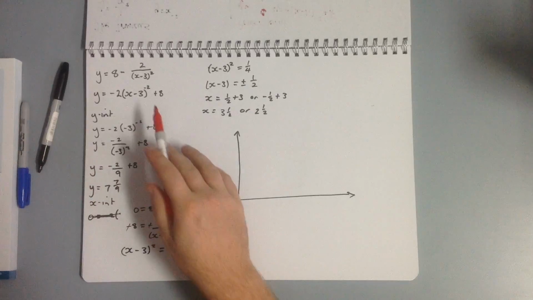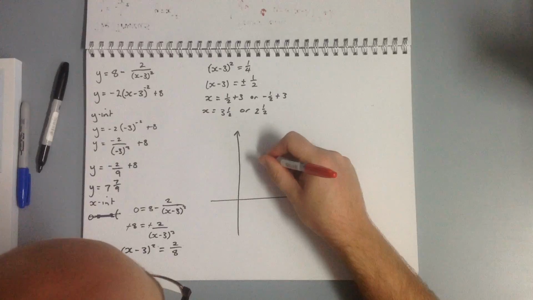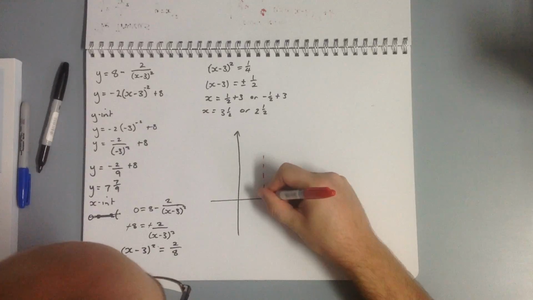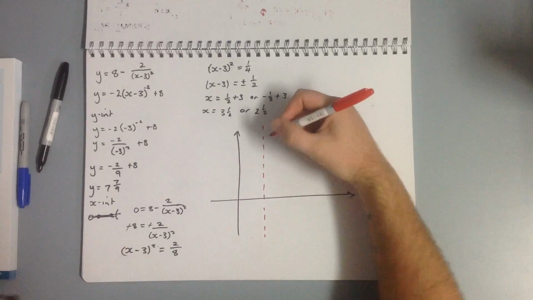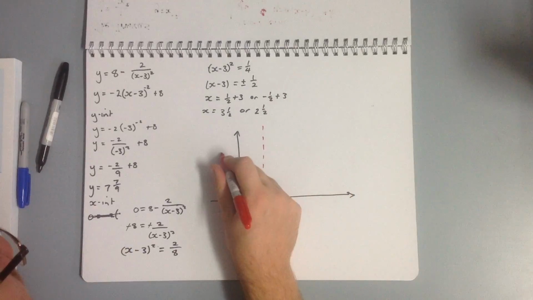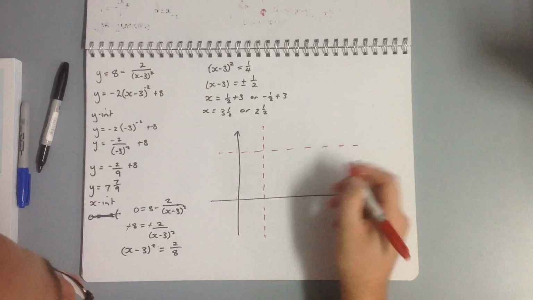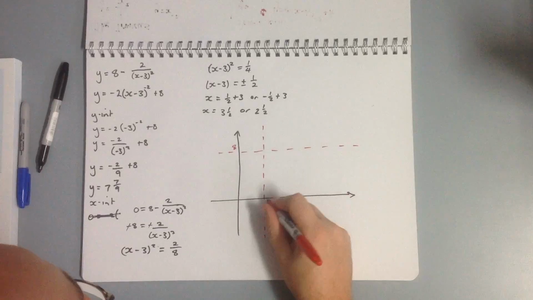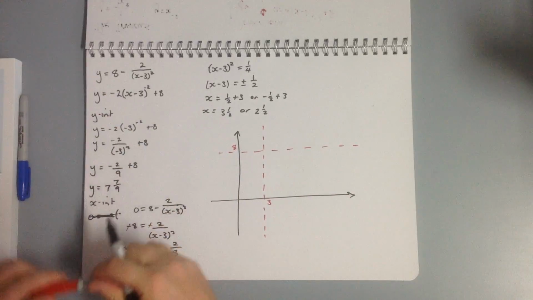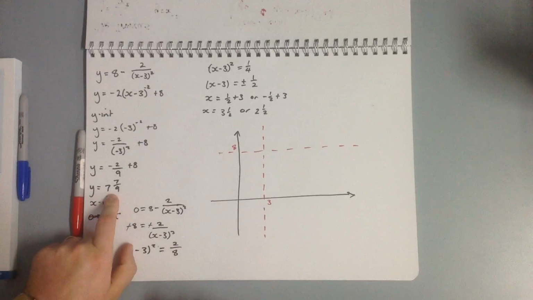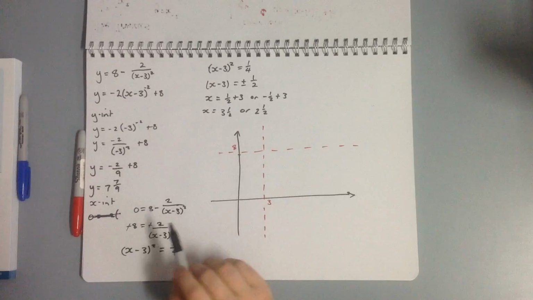We know we're going to have a vertical asymptote at 3, and a horizontal asymptote at 8. We also know that we've got a y-intercept at 7 and 7/9, so we know we're crossing very close to our asymptote there.